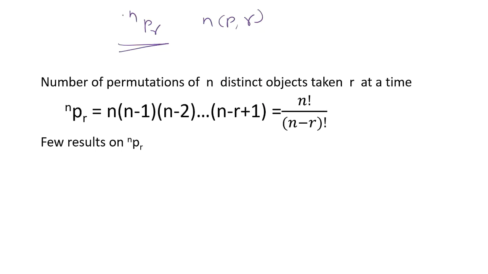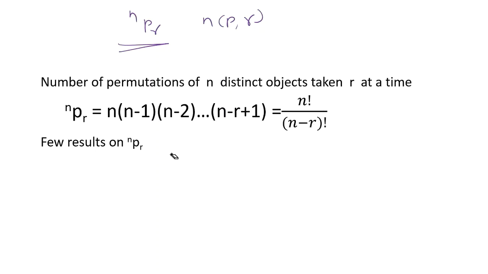We read this as the number of permutations of n distinct objects taken r at a time, which is given by n times (n minus 1) times (n minus 2) and so on up to (n minus r plus 1). And we can write this as nPr equal to n factorial upon (n minus r) factorial. And we have seen how we got this.